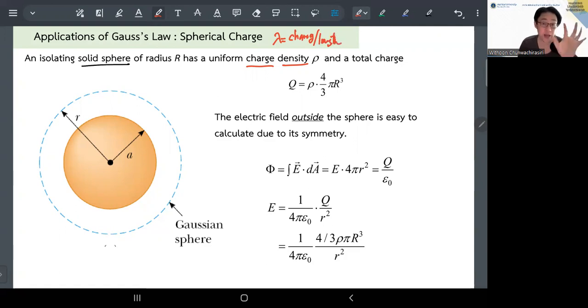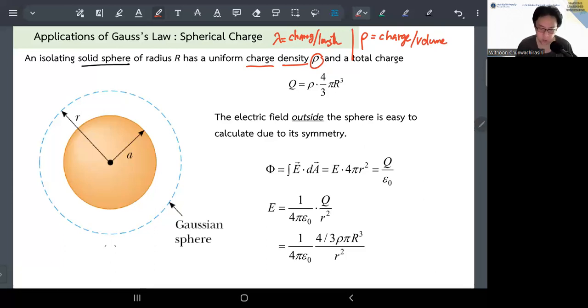Now in three dimensions, you use charge per volume, so rho is charge per volume. That's the common concept of density. When you reduce the dimension down to a single dimension, it turns into charge per length, but it's still the concept of density.